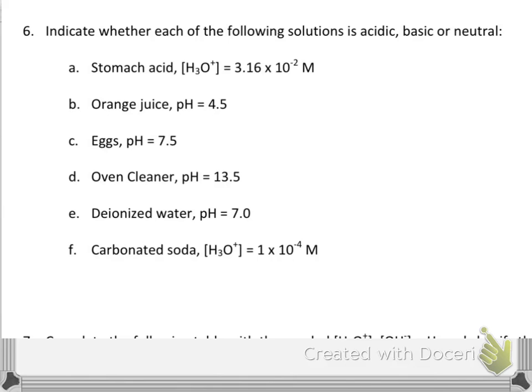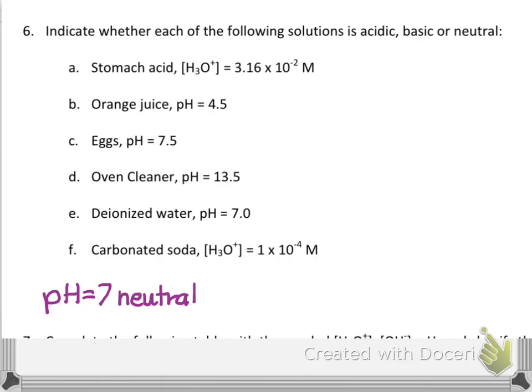So now on question 6, it asks us to indicate whether the things are acidic, basic, or neutral. And so let's think about it in terms of pH. So I know I'm going to write on the bottom a pH that is equal to 7 is neutral.